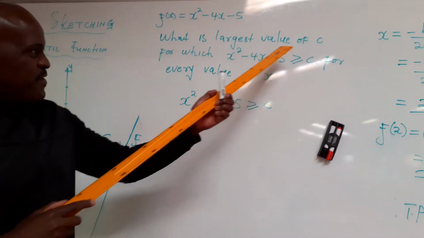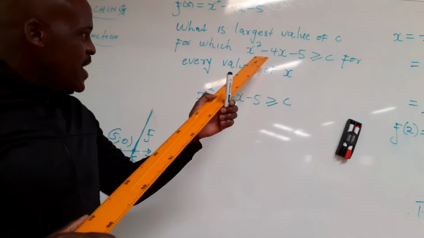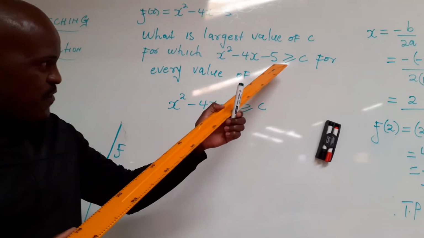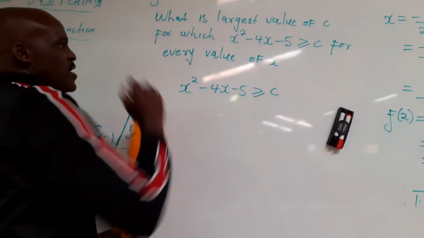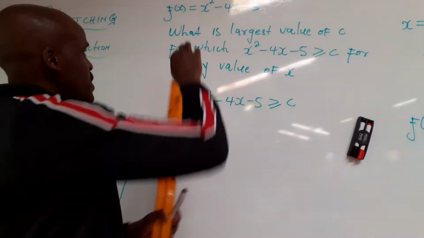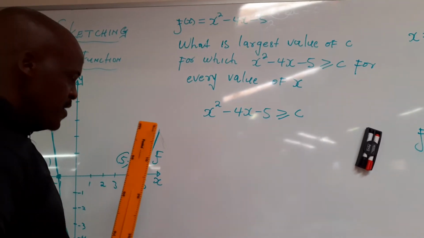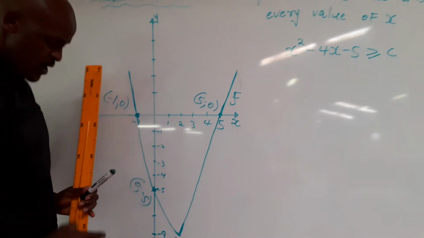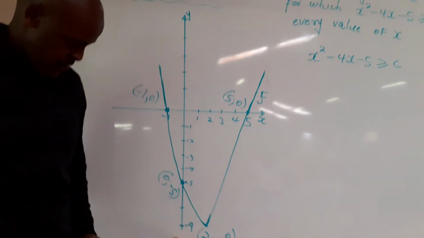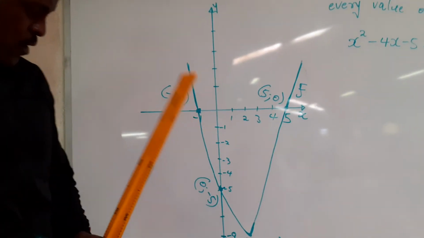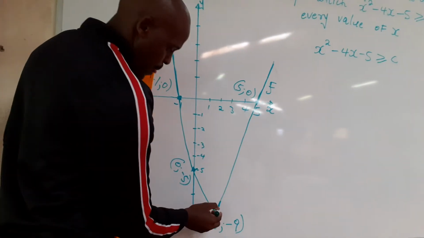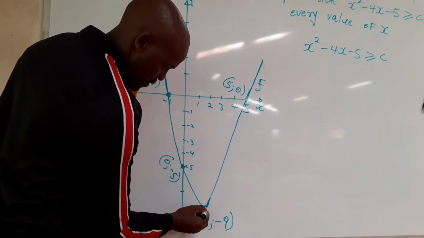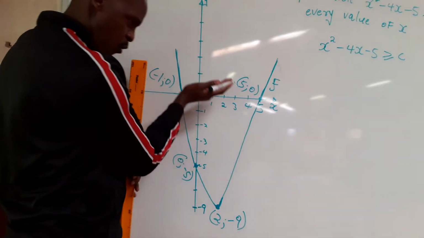What is the largest value of c for which x squared minus 4x minus 5, which is our graph, is greater or equal to c, which is our y? Right. There is our graph. So this graph is existing from the turning point upward.